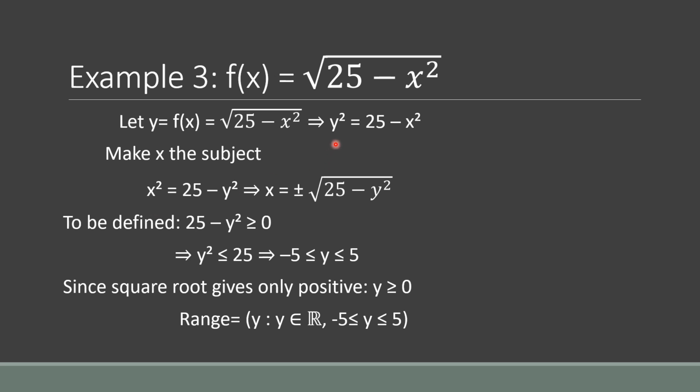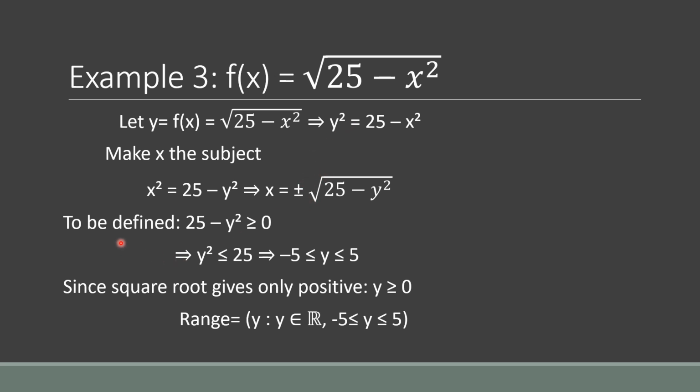Then the y squared will also cross the equal sign, and it will be x squared equal to 25 minus y squared, which implies that to find x, it's going to be square root of 25 minus y squared, which is going to be whether plus or minus.